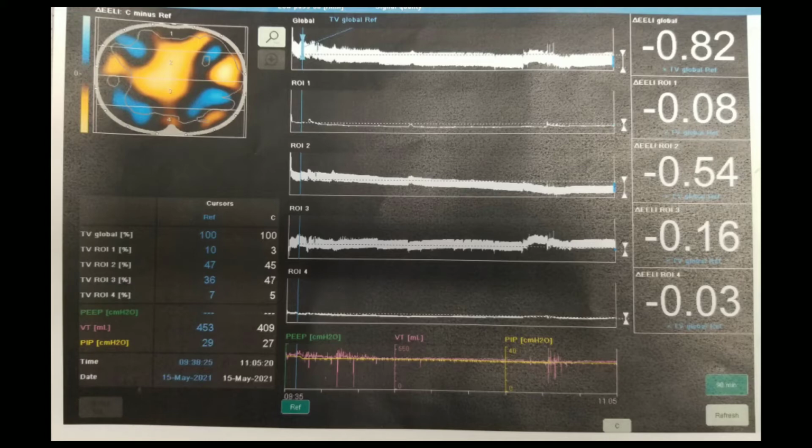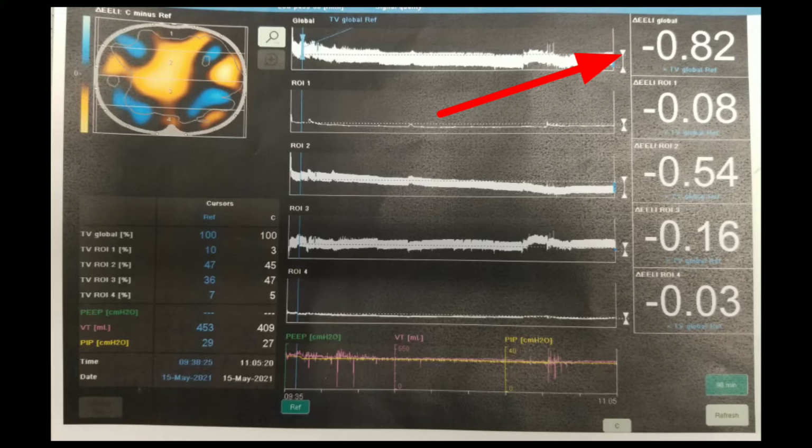If you look at the reference box where you see the numerical values, the PEEP, the tidal volume, the peak inspiratory pressures, as well as the 4 regions of interest from ventral to dorsal, we can see that over this period of time, we lost impedance by negative 0.82.